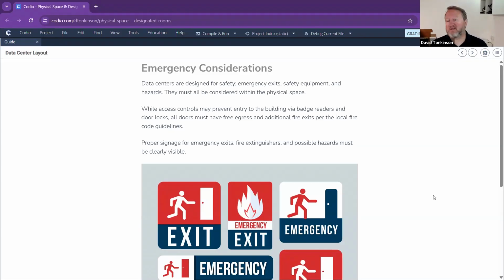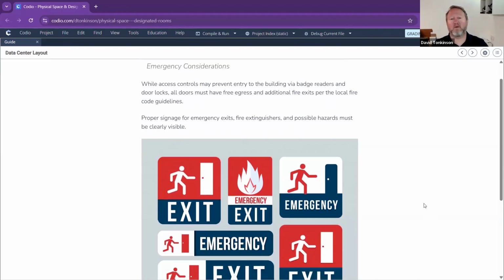So, emergency consideration. These are things we always need to consider as part of our layout. While we can build in great access controls and prevent people getting into the building, we've still always got to make sure that people can get out. So we've got to make sure we have proper signage throughout the building for fire extinguishers, possible hazards, and emergency exits.